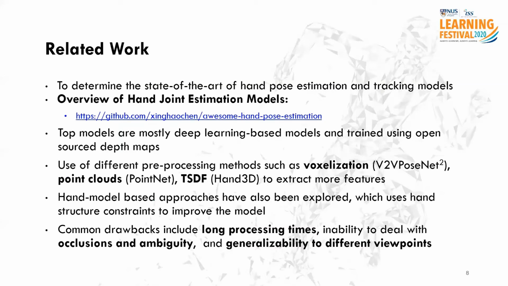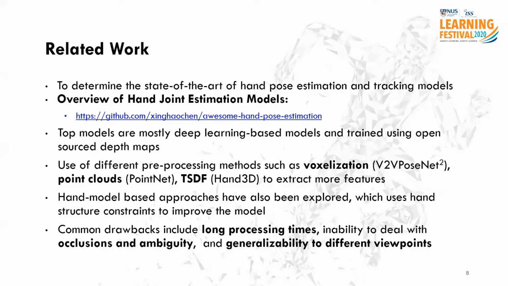Based on the current landscape, the top models are usually deep learning-based models and have been trained on depth maps alone. Most of these methods use different pre-processing methods, such as voxelization, point clouds, and truncated signed distance functions, TSDF, in order to extract more features from these depth maps.